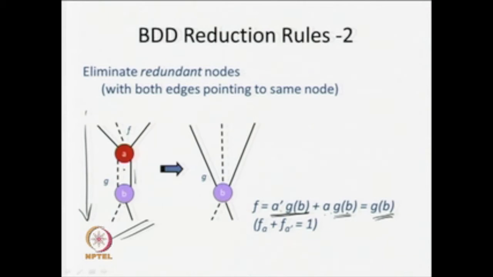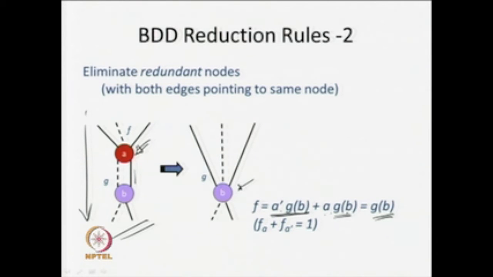So, if we have such redundant nodes where both the 0 and 1 edges point to the same subfunction, then we can eliminate this node, and all the incoming edges will be directed to the next node.